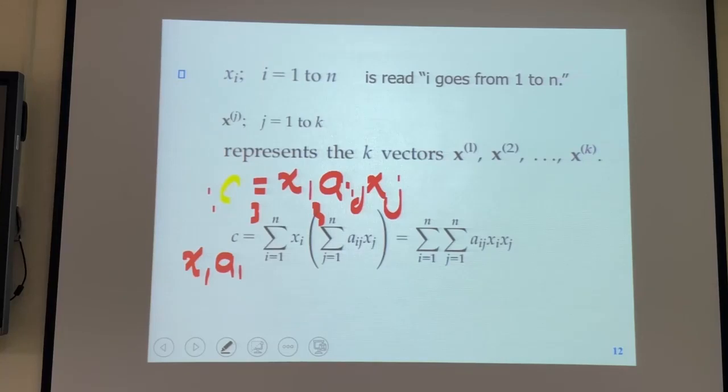Remember, i the same, z the same. So i and z the same means summation.